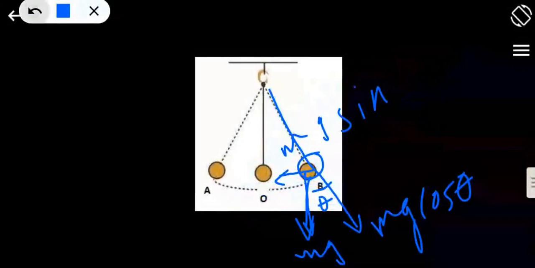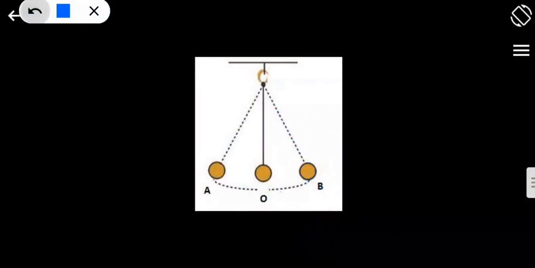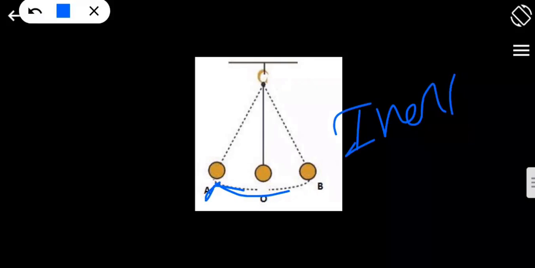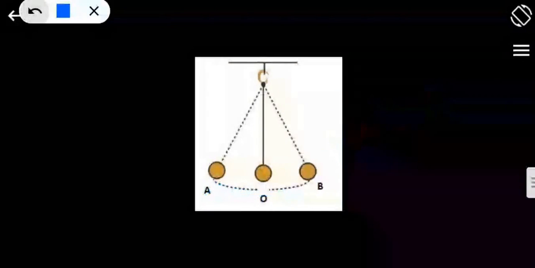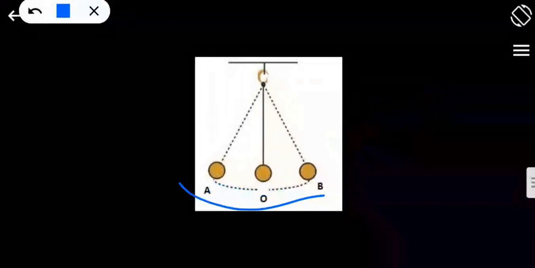While there is an oscillation, this pendulum doesn't stop at the mean position, again it goes to the negative extreme point. Why? Because of the inertia, because of the velocity it has, that's why it is making an oscillation like this.